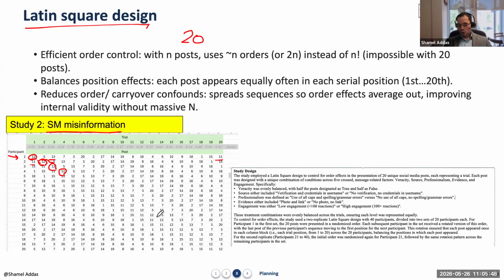Okay, it's not showing every possible combination of the orders, but it's still much more efficient, and it helps to a large extent to manage the order effects. And you can conclude with more confidence that the order by which people saw the posts is not confounded with the treatment itself that you're trying to administer.